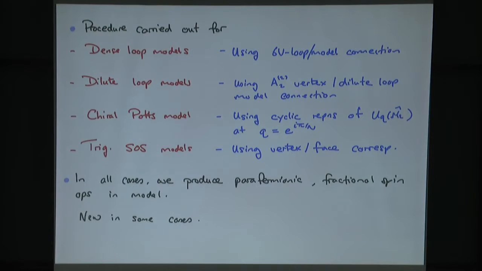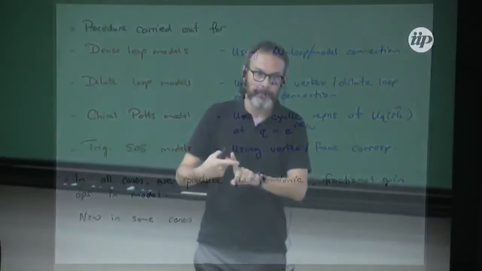Okay. So this is a procedure that was carried out for a range of models, and it was carried out by myself and the collaborators we mentioned earlier for dense loop models, dilute loop models, chiral Potts, and now trigonometric SOS. And they're all just using the connections of these models with representation theory.